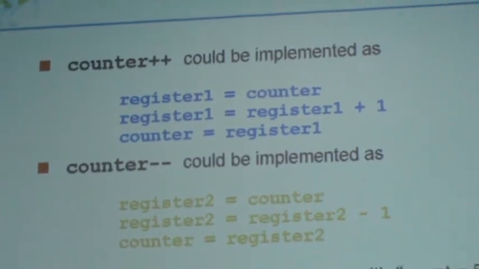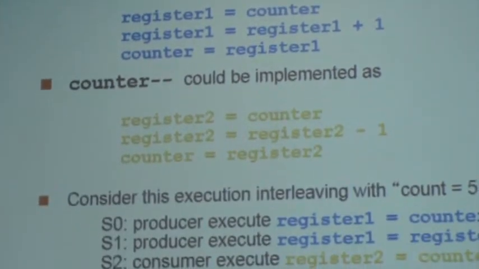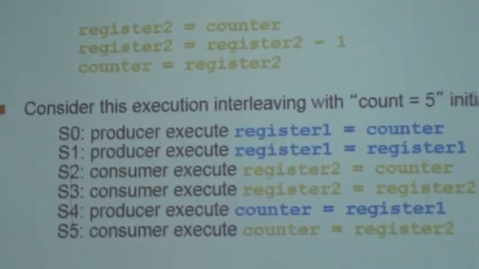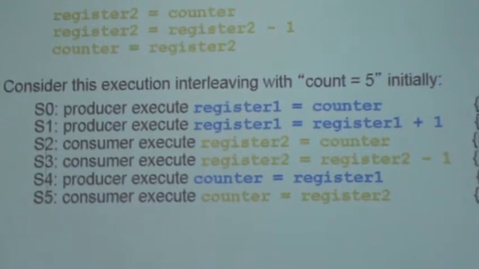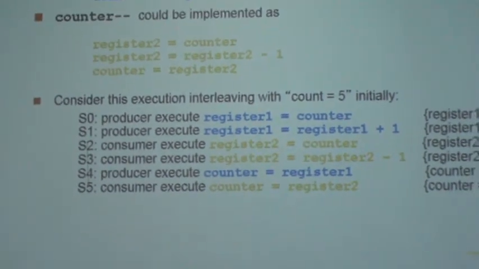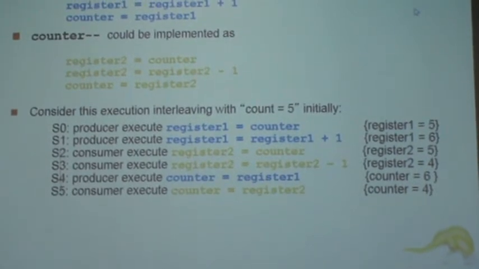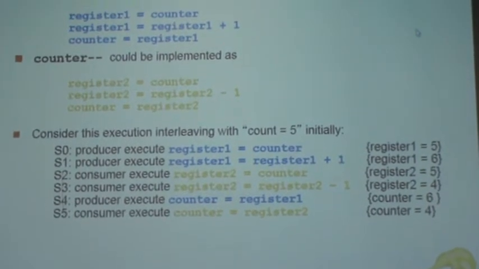Similarly, we can do counter minus minus using a register. So how many operations? Total 6: 3 from the producer, 3 from the consumer.